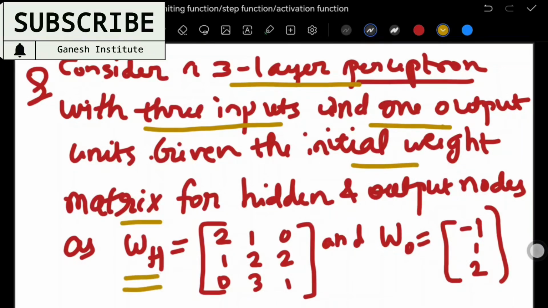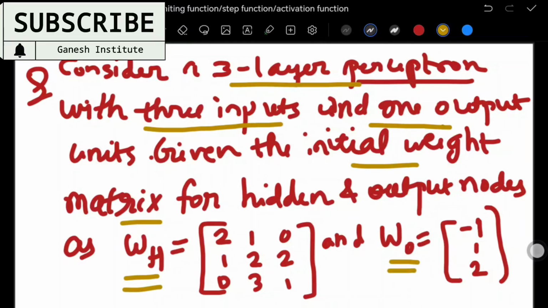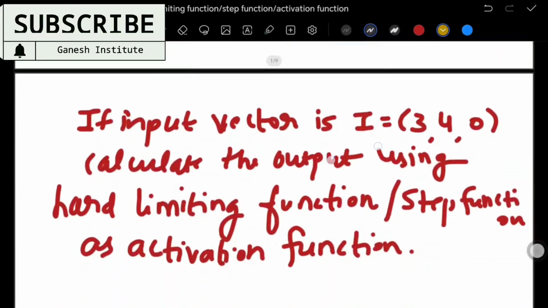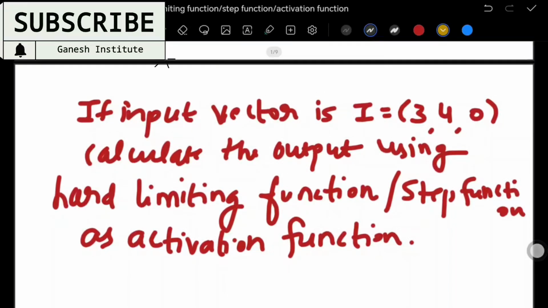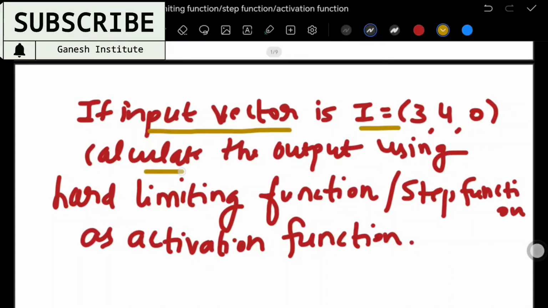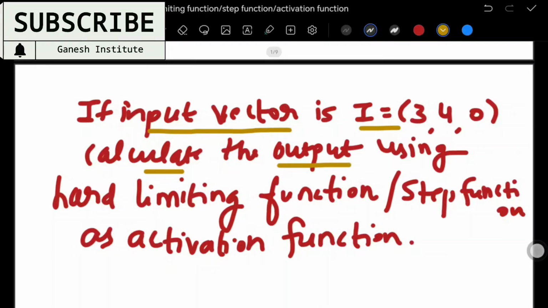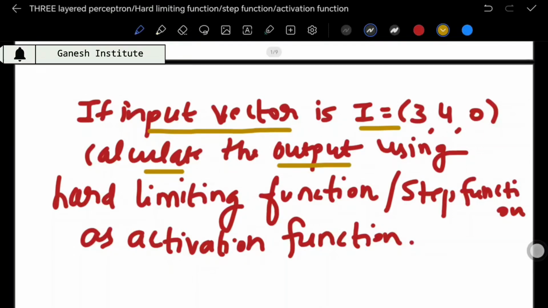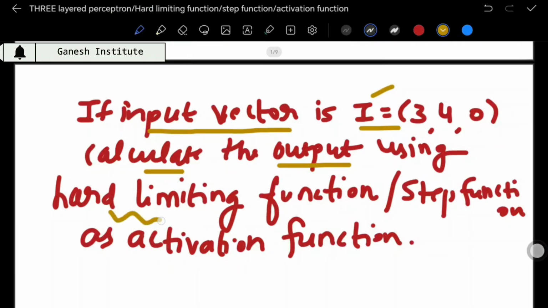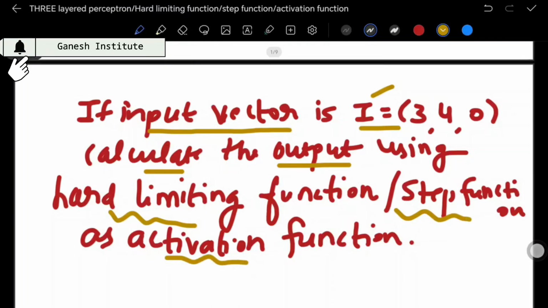The weight matrix is given for hidden and output nodes, WH and W0. If the input vector is this, calculate the output. Because a perceptron maps the input into an output decision, input is given to us and we have to find the output, using a hard limiting function or step function as the activation function.